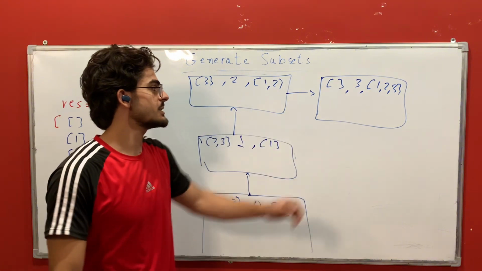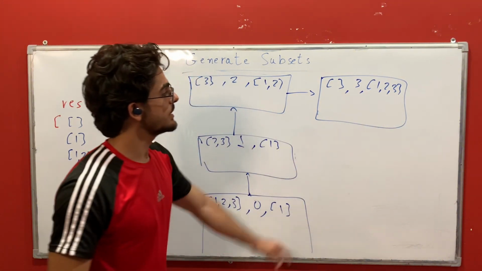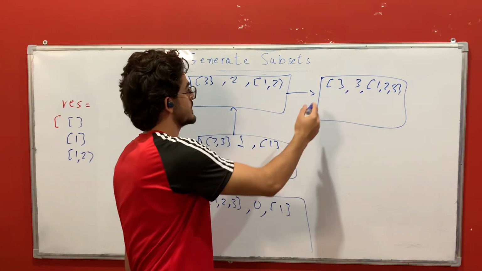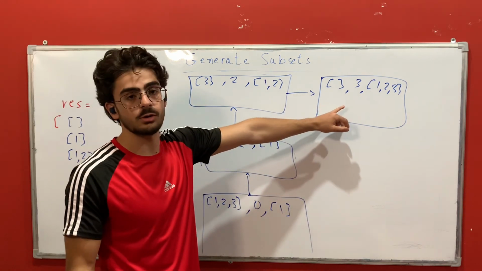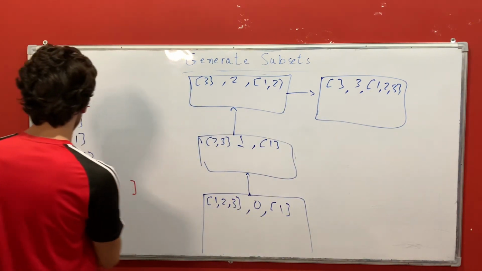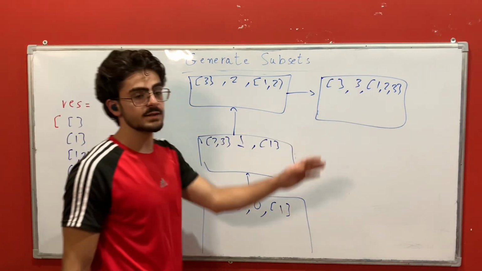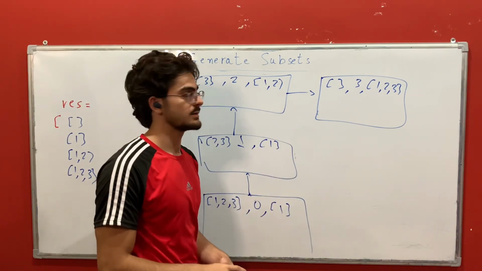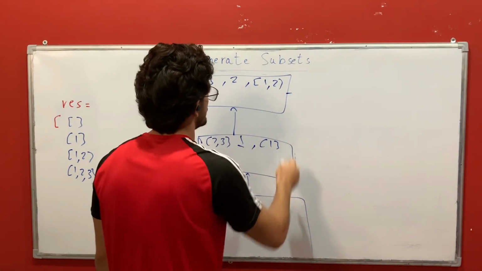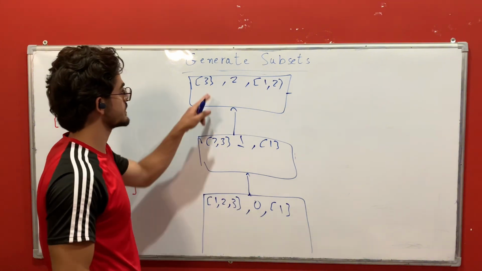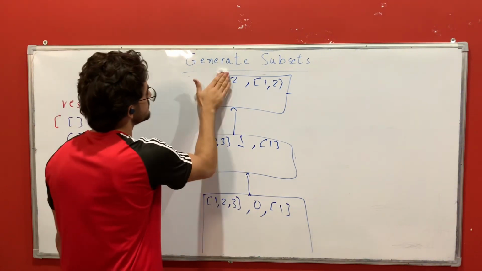Now when it reaches this, it only prints 1, 2, 3 because 3 is bigger than the size of the nums, so the for loop will never iterate. By this, it backtracks to previous states. Here it also backtracks because it's an only element.